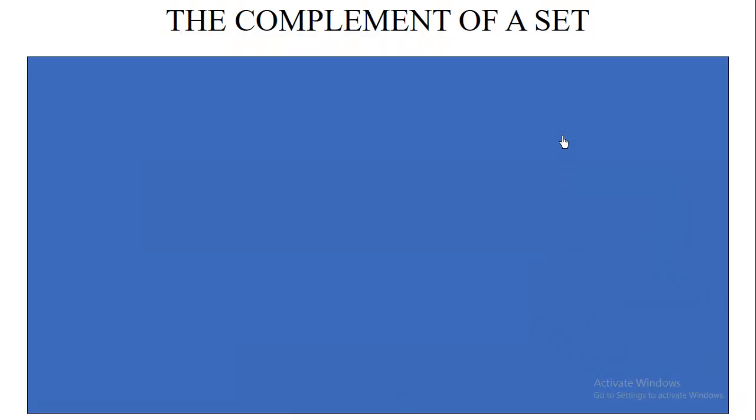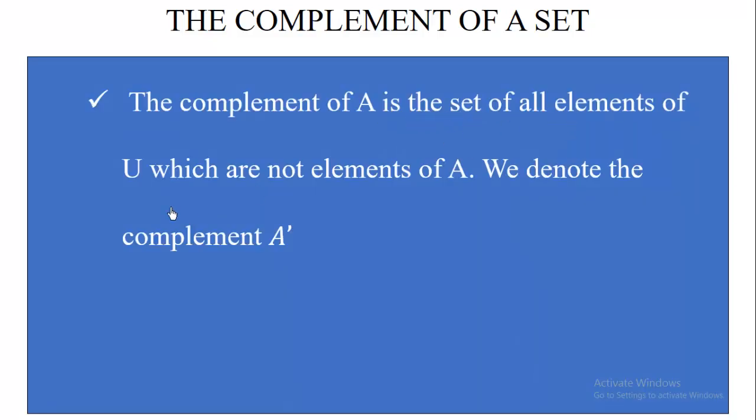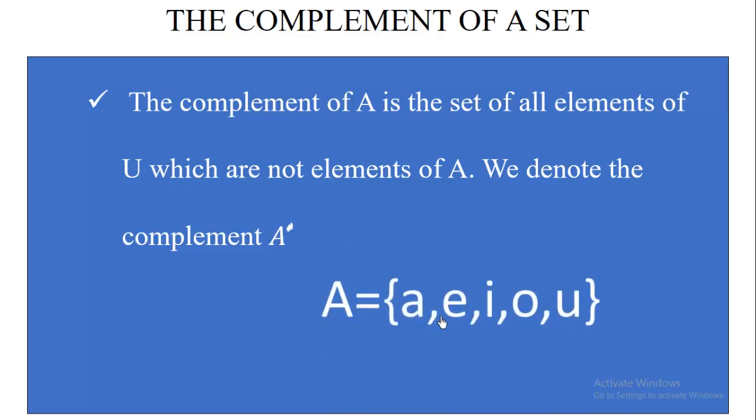And the complement of a set. The complement of a set A is the set of all elements of U which are not elements of A. This is how we denote it, A prime. So this is A complement. If you see something like this, A prime, it means A complement. So you have the set A, we call the vowels, then the complement of A will be the consonants.